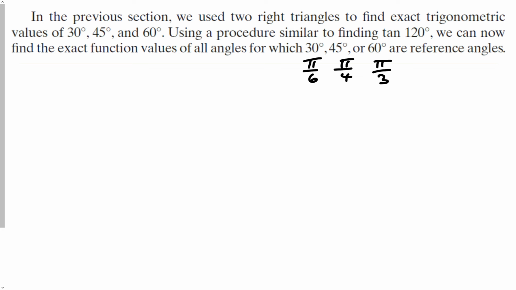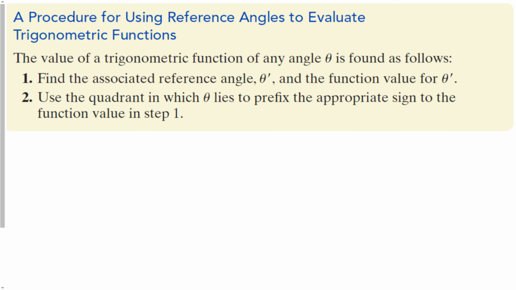Okay, so anything that's a quadrantal angle, or anything that has one of these three reference angles, should be something that you can find the exact value of, without using a calculator, for all 6 trigonometric functions. Okay. So how do you do it? Find the reference angle, theta prime, and then use the quadrant in which theta lies to put the right sign in front of it.